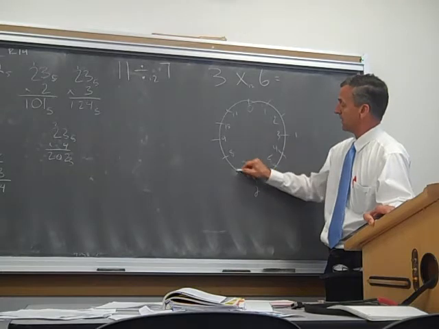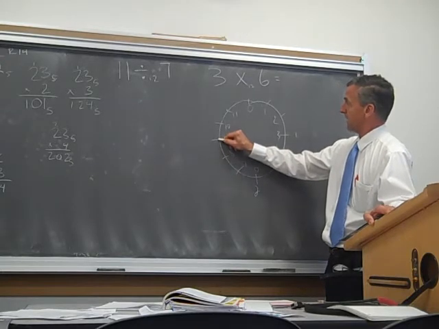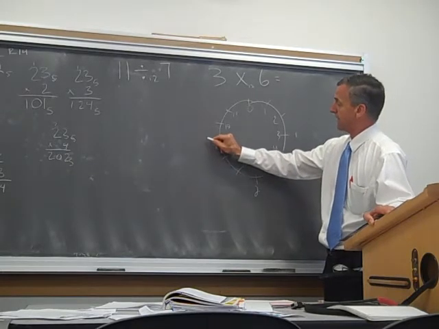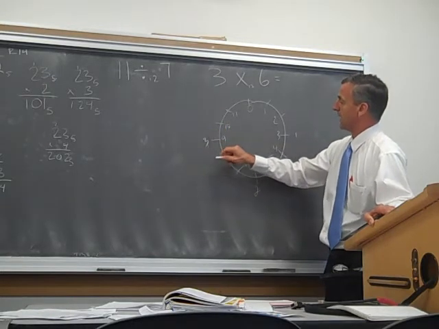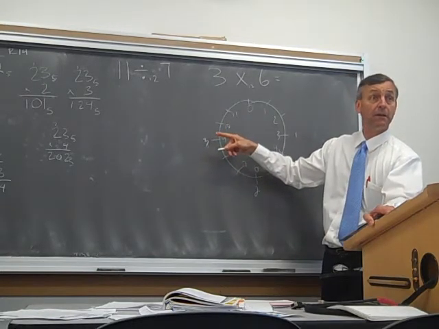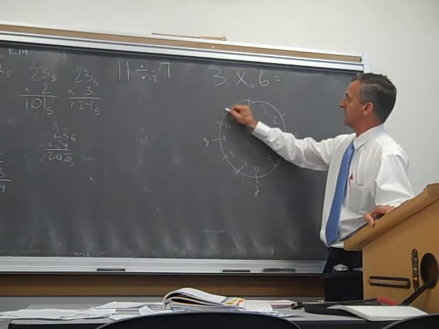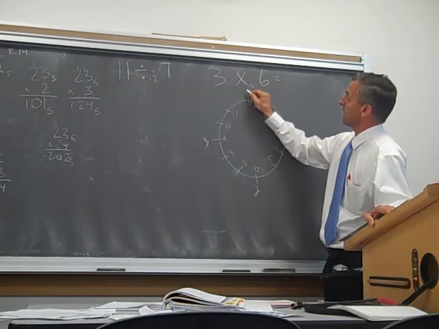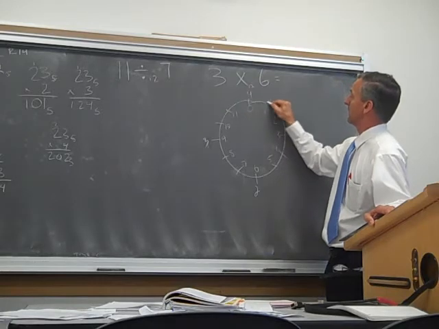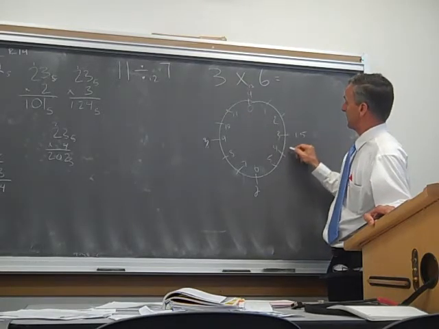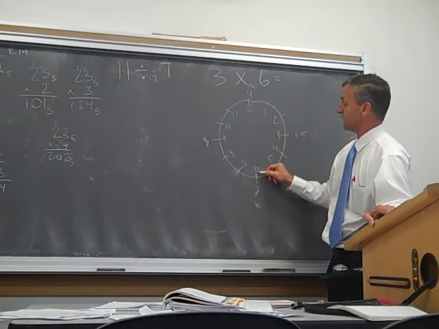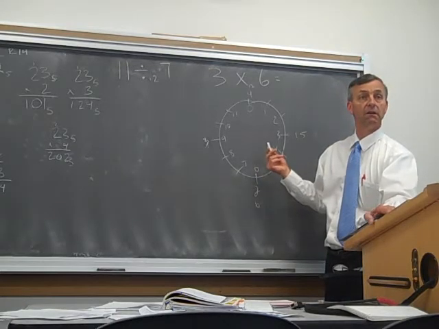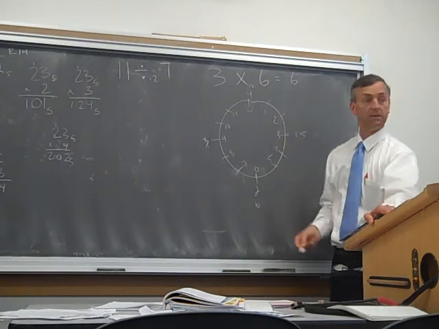Then I'm going to go to 9. That's 3 groups of 3. And how many groups of 3 do I need? 6. I'm not done then. There's 4 groups, 5 groups, 6 groups. The answer must be 6.